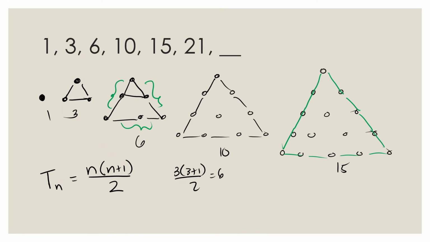You can immediately solve for the nth number just by using the formula. So if you want to know the 10th triangular number, you do 10 times 10 plus 1 over 2. So this is 5 times 11, that is 55. So the 10th triangular number is 55.